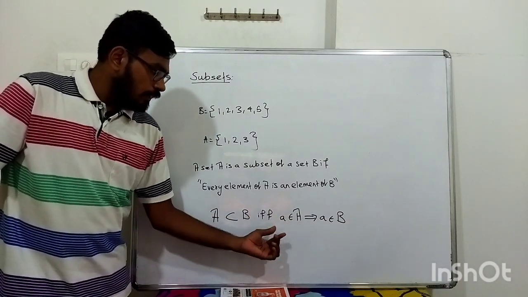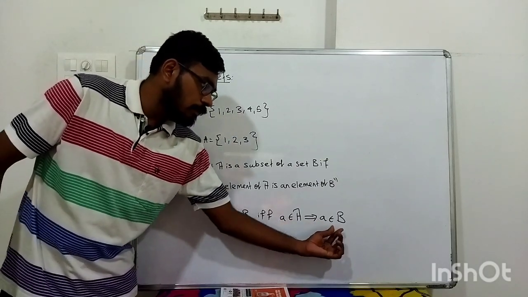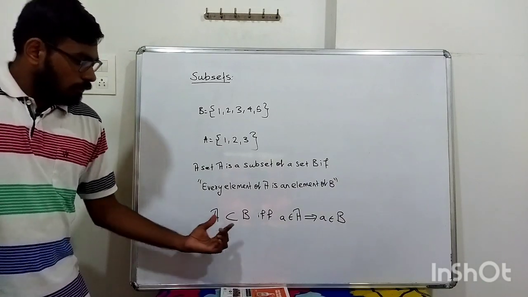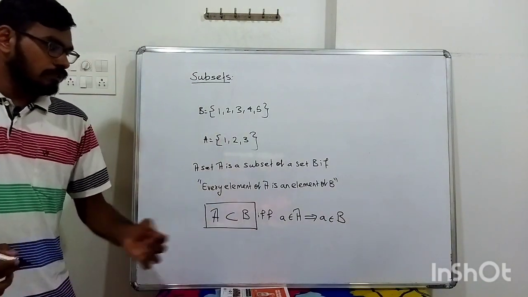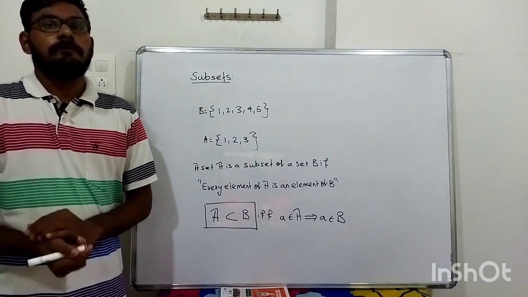If any element is there in A, then that element must be an element of B. That is the meaning of it. Whenever we say a set is a subset of another set, we put the symbol like this: A ⊆ B.